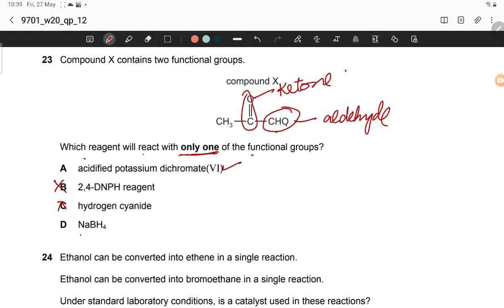NaBH4 reacts with both compounds, and HCN also reacts with both compounds. HCN and NaBH4 both react with ketone and aldehyde, so both are incorrect. So A must be correct, because acidified potassium dichromate only reacts with aldehyde, not with ketone.